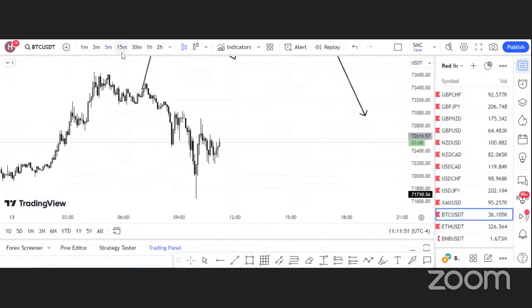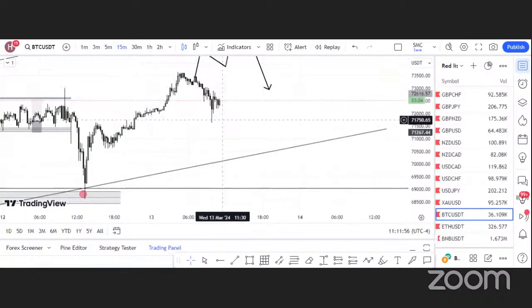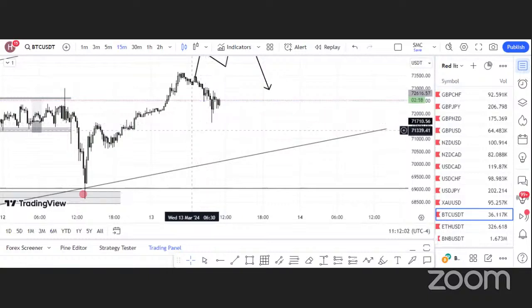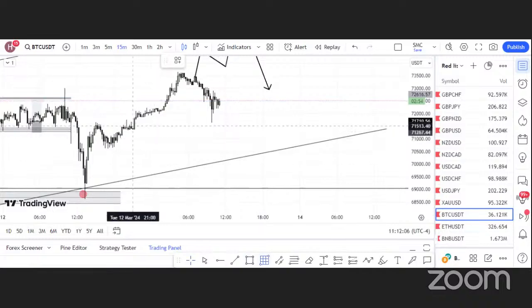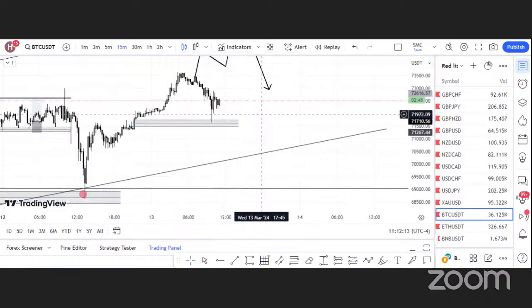Okay, and guys, please, I said earlier, whenever I open up a new chart, I suggest you also open the same chart as I have, because sometimes I get direct entries, like I get signals immediately.